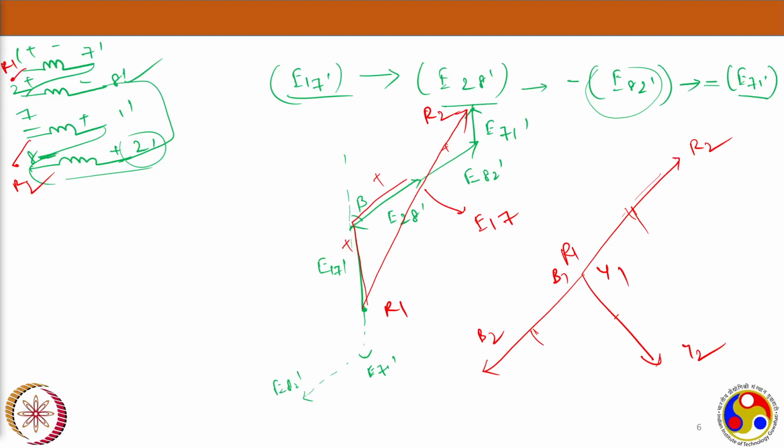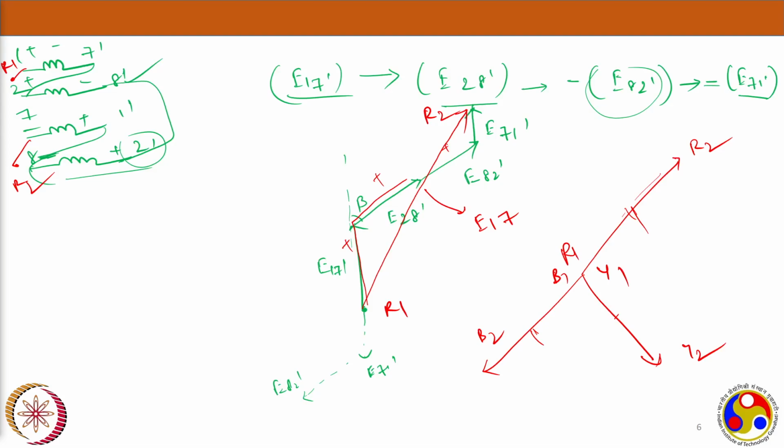I started with a very simple slot pole combination, a 12 slots 2 pole combination, because that is easy to explain and easy to show in a machine. If we go for more slots and poles, it is very difficult and confusing to even visualize. So visualizing a lesser slot pole combination would be easy. However, the same concepts and discussion would apply for any slot pole combination.